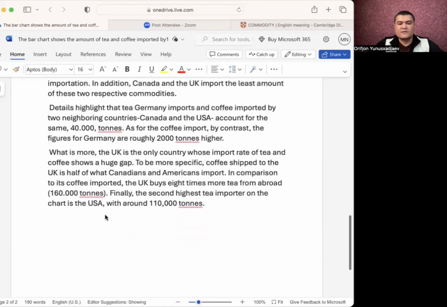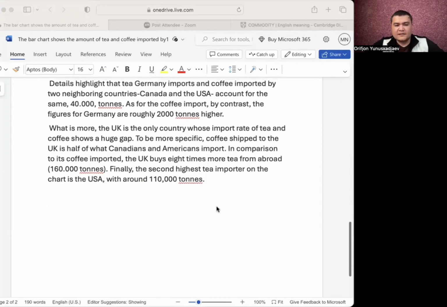Now, following is what is more, the UK is the only country whose import rate of tea and coffee shows a huge gap. All right, whose import rate of tea and coffee shows a huge gap. To be more specific, coffee shipped to the UK is half of what Canadians and Americans import, right? Okay, this is also fine. Now, the following is in comparison to its coffee imported, right?